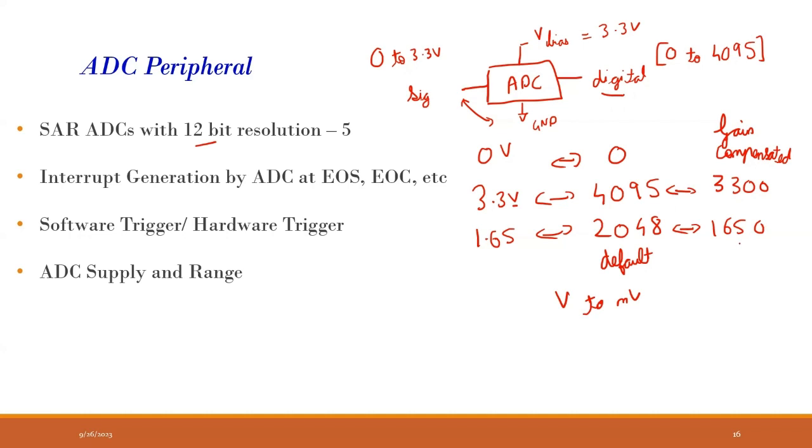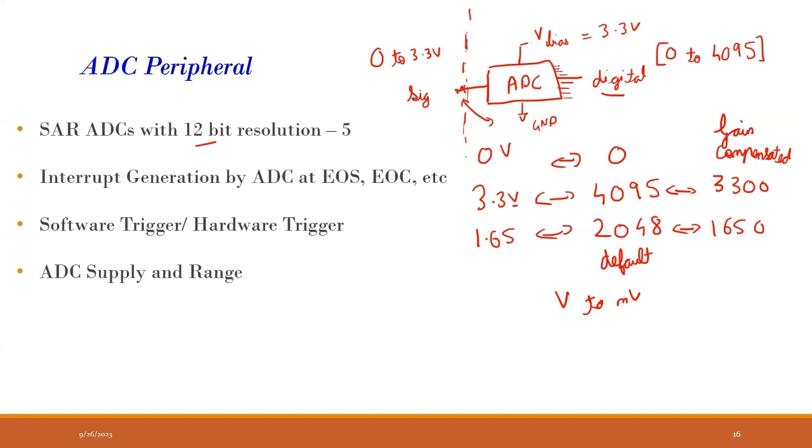So this provision is there. It is not in this pin, it is inside the ADC. Assume this is your microcontroller, and there's a pin over here. That pin is connected to the ADC, which is present inside the microcontroller. This digital thing is internal in the microcontroller, and it will actually come out like this.